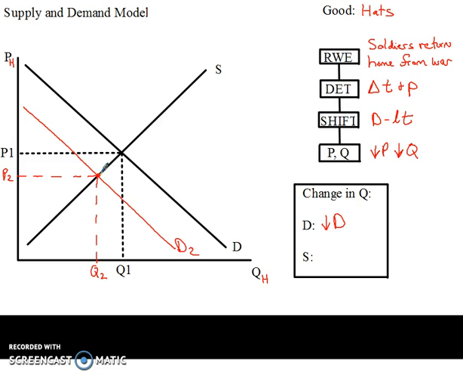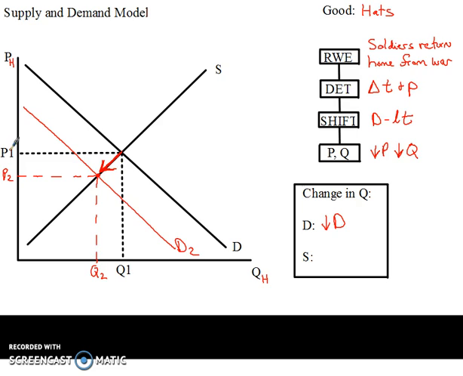What happens on the supply side? Well, as the demand shifts to the left, as people want to buy fewer hats than they did before, prices of hats begin to fall. As prices fall, we move along the supply curve. As prices go down, suppliers start to say, well, we're not going to make as many hats as we did before because we can't make as much money.